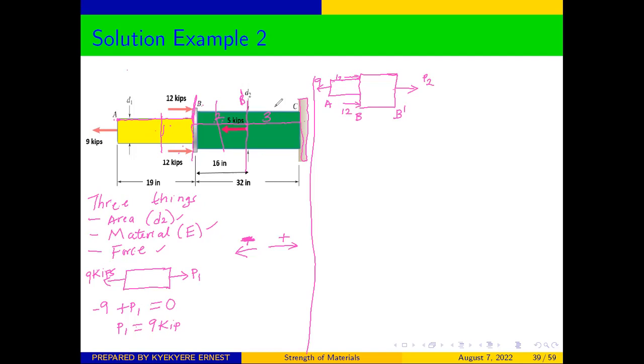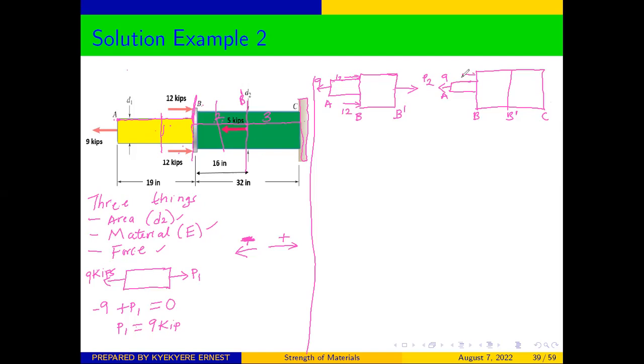In the same way, we can draw the free body diagram for the third section, which is from B prime to C, where we cut through the middle or wherever you want to cut. So for that matter, for the third section, our free body diagram is going to be like this. We're encountering a new diameter, and this is A, this is B. We have B prime at this side, and this point is C. We have a force of 9 at this side.